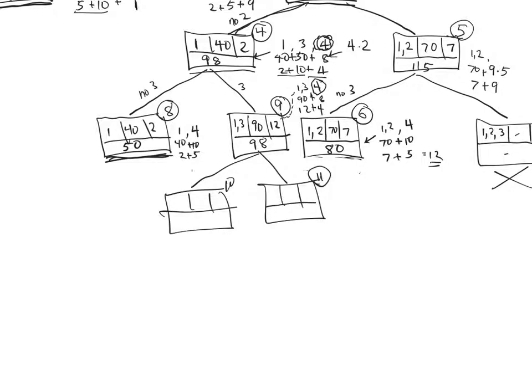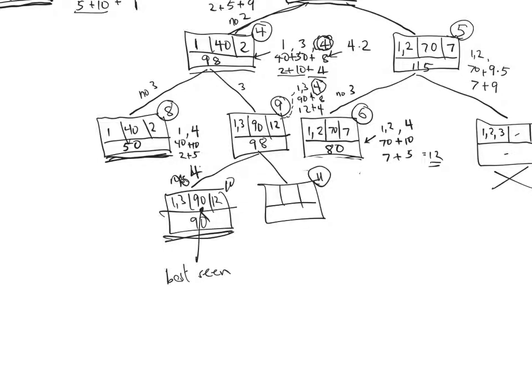Okay, so 10 uses no 4, so that's just 1 and 3, 90, 12, and we're sort of at the bottom now, so this is achievable. So this is something we can actually do, 90. So 1 and 3 is legal and uses 90, so this is the best so far.